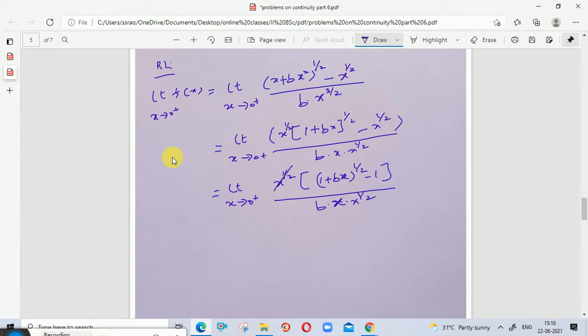So this x power half will get cancelled. What remains for us? Limit x tends to 0 plus, root of 1 plus bx minus 1 divided by bx.